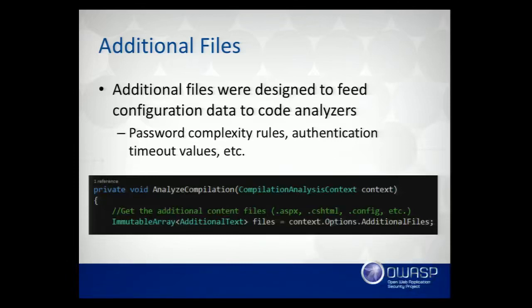They're supposed to feed data into an analyzer, configurable data. But I can also look at config files and JS files in this additional file list. So I've got access to the info within this compile action. Step one, now I have the files, sort of. I'll show you what I ran into.